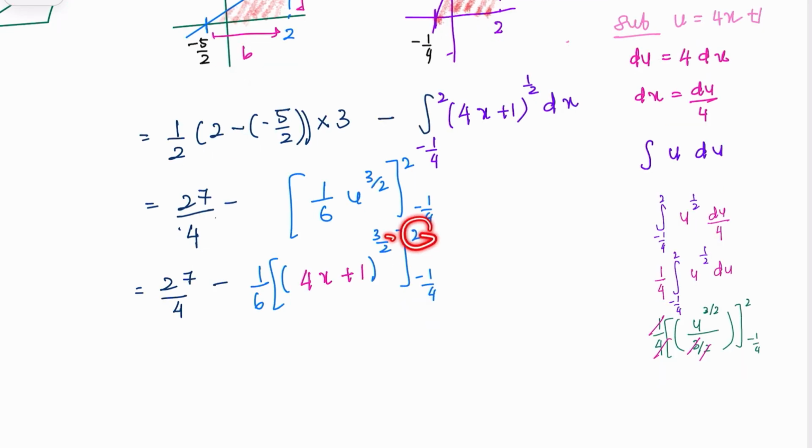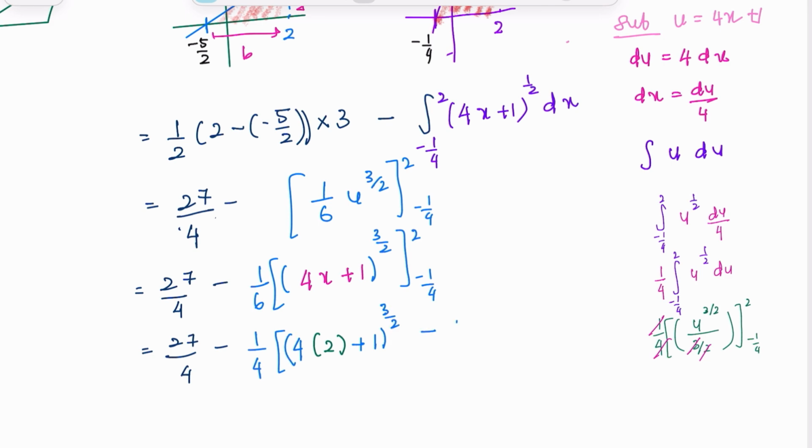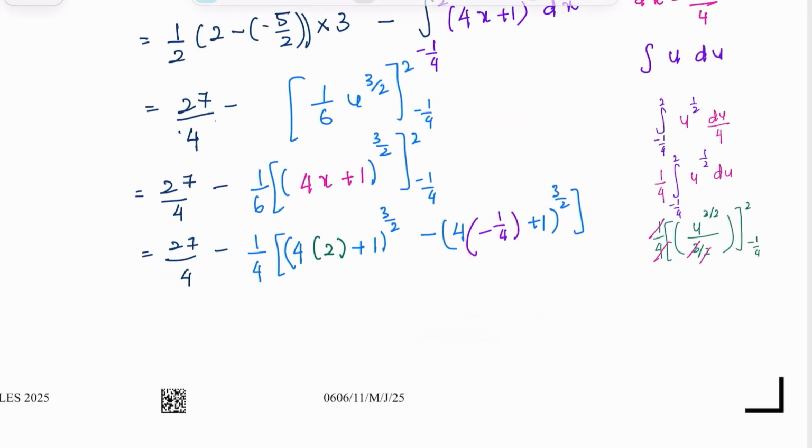Upper limit, substitute in x, minus lower limit, substitute in x. We are substituting 2 for the first part and negative 1 over 4, the lower limit, for the second part.